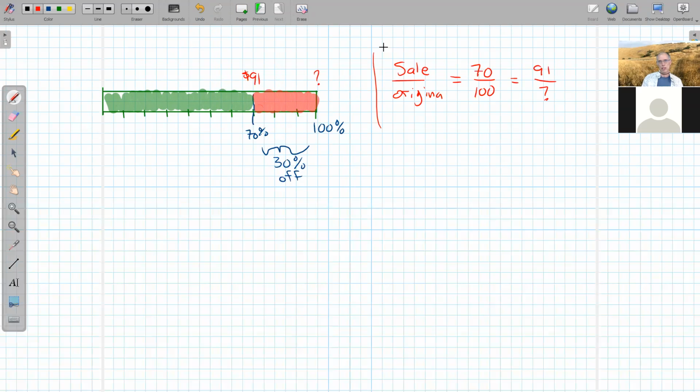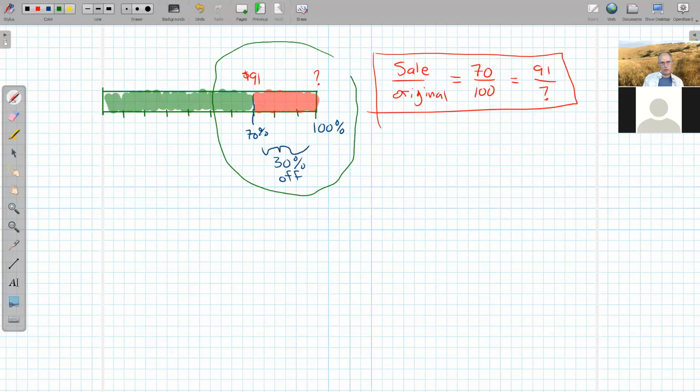So that's one way to set up the proportion looking at this picture. The other way to look at the picture is you can actually stack it just the way you see it here. And you can say 91 is to 70 as what is to 100. And so solving that will also give you the answer.